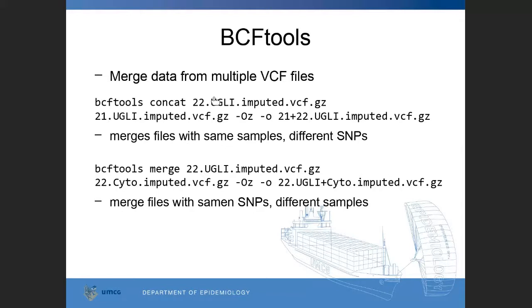So for instance, you can merge the SNPs from chromosome 22 and chromosome 21 together. With the merge command, you can merge files for the same SNPs but different samples. So for instance, if you want to merge the data from the Ugly chip with those from the CytoSNP chip for chromosome 22, then you could do it like this.